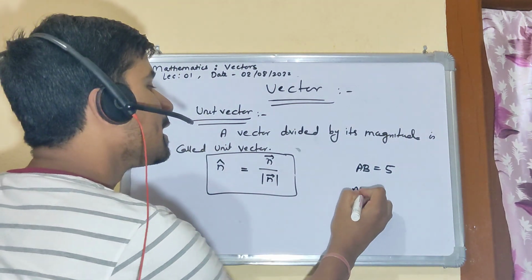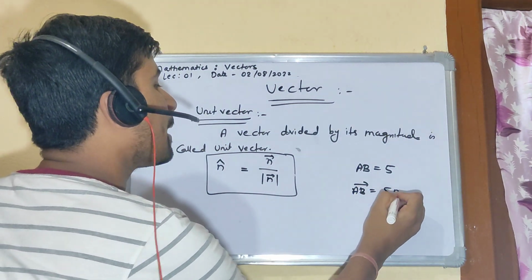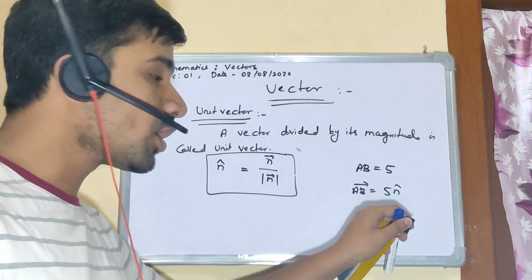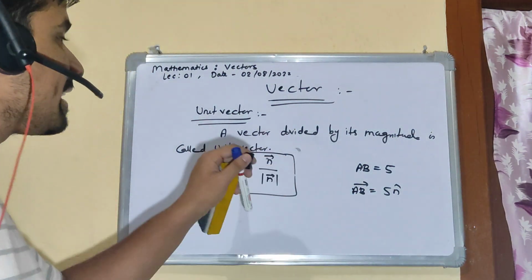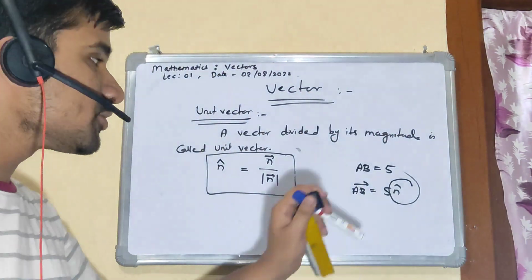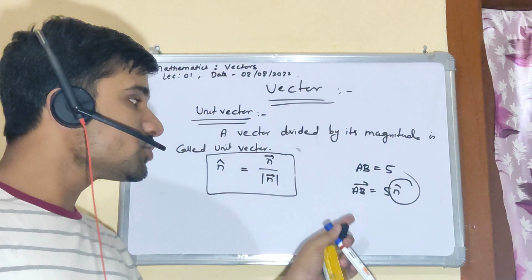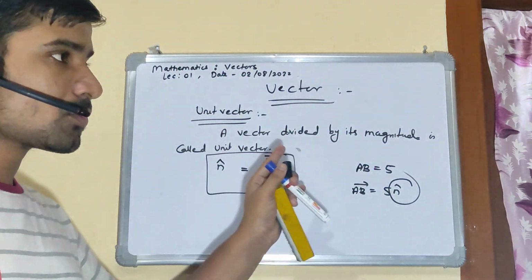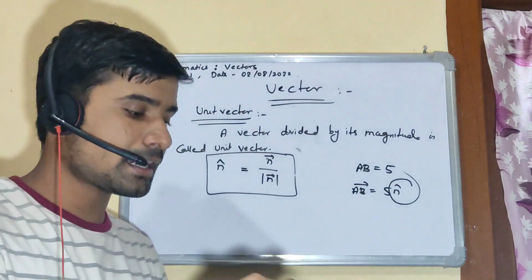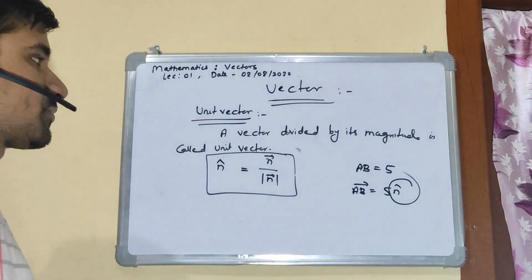But if I write AB vector equal to 5 n cap, this is still a quantity which has magnitude 5, but now it is a vector quantity and it has a direction which is specified by this unit vector. This unit vector has not changed the magnitude of this particular quantity, but it has given a sense of direction to it. Okay.